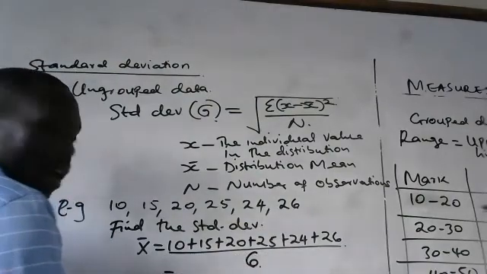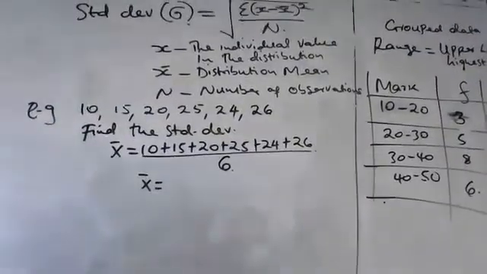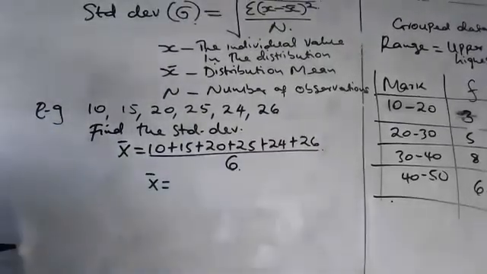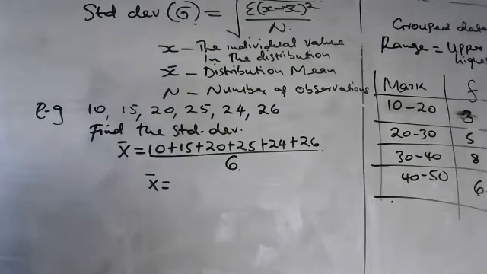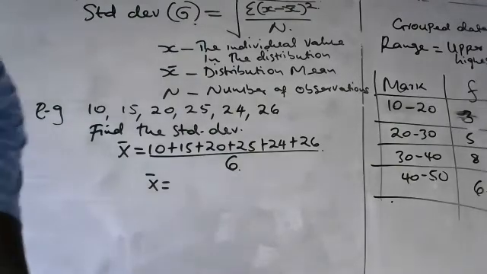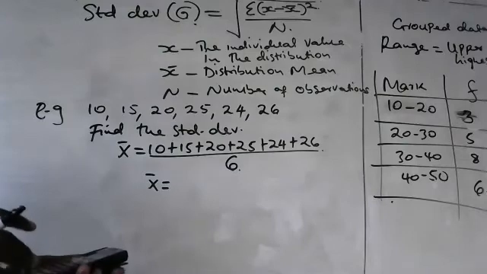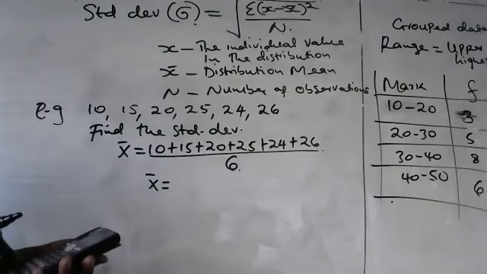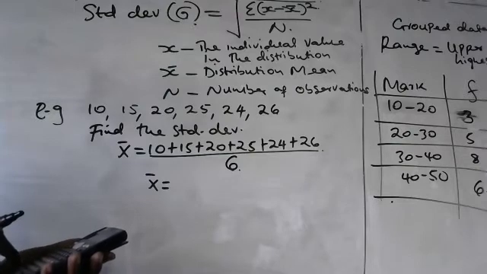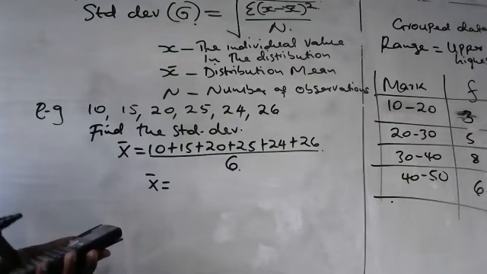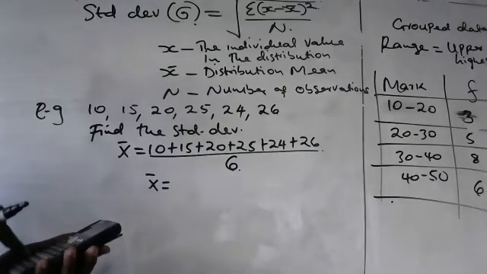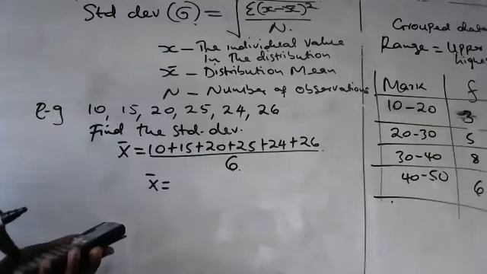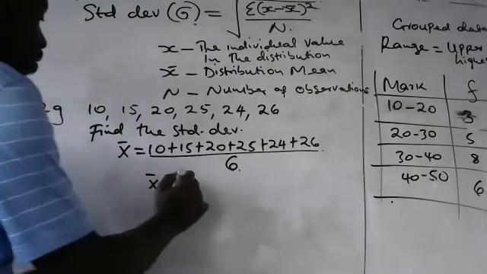So our x bar is going to be given by how much? Yes, you got 20. That's actually x bar is 20.